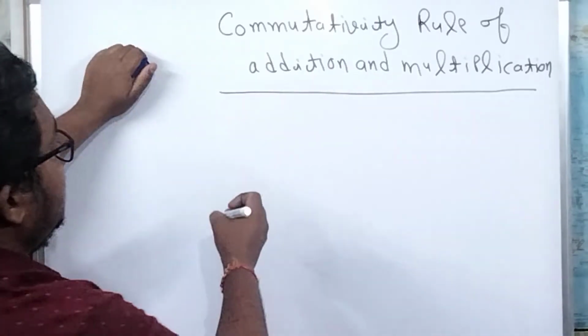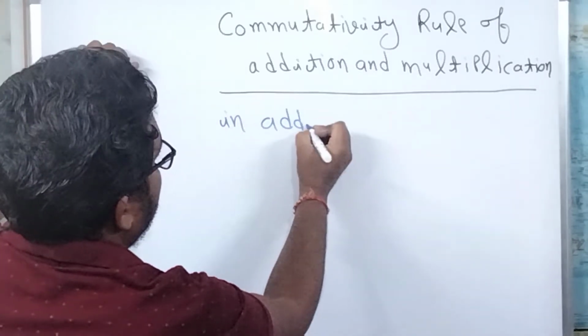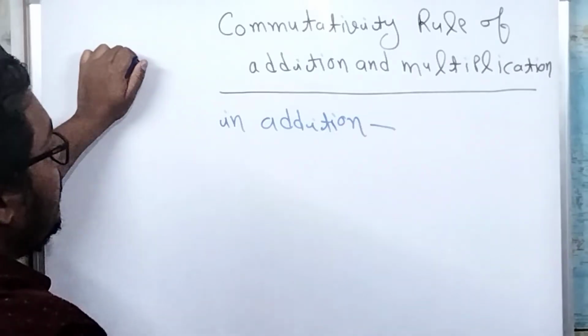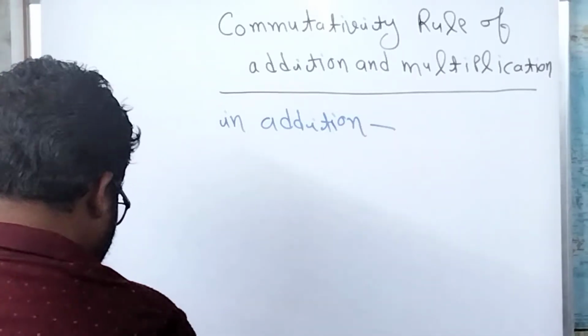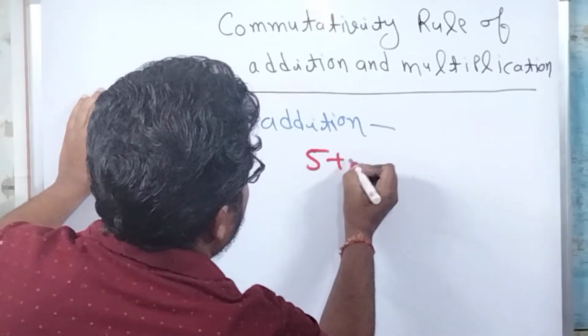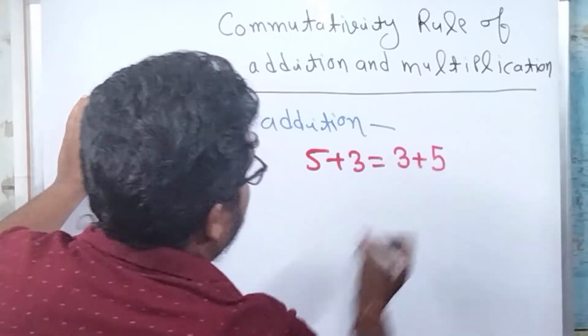First we see that in addition, 5 plus 3 is equal to 3 plus 5.